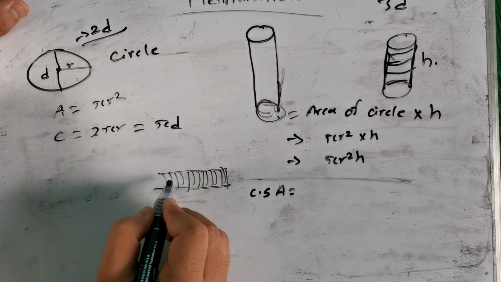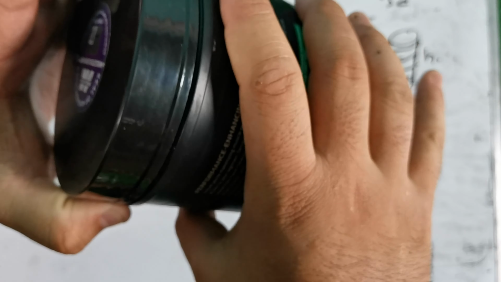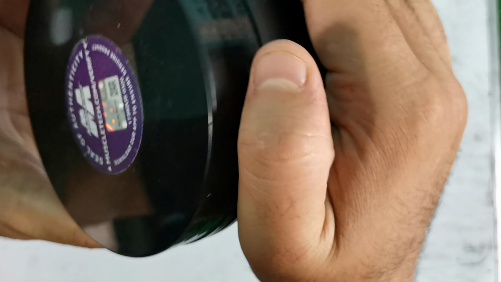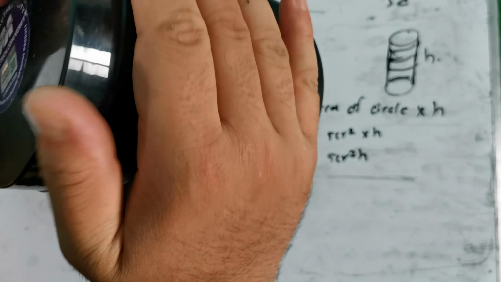Look, this is a circle, and this is also a circle. Am I right? But this part is the circumference of the circle.